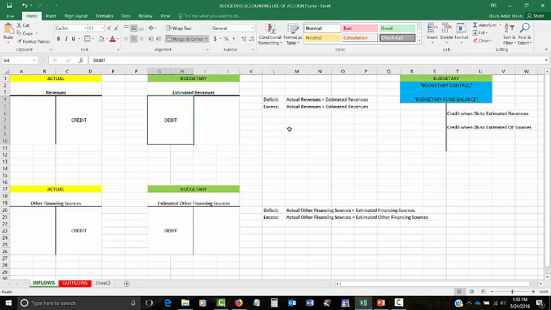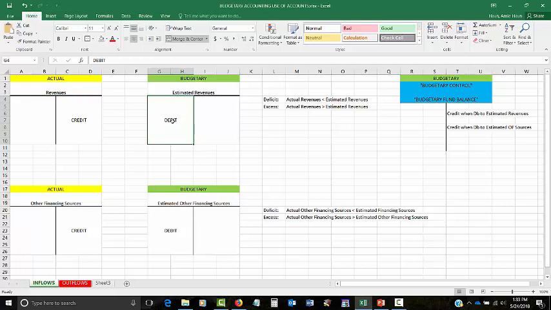Alright, so when we go to record the budget, when we put in the estimated revenues, we said that the estimated revenues has a normal balance opposite of its corresponding account. So when we record those estimated revenues in this budgetary account, we're going to debit the amount into it.